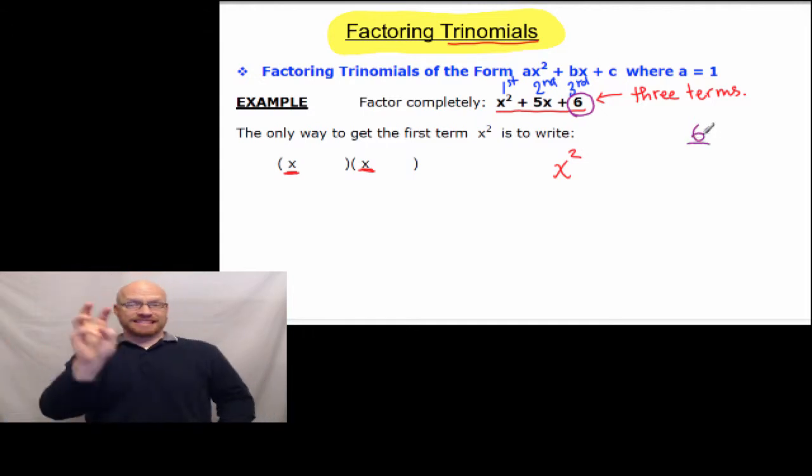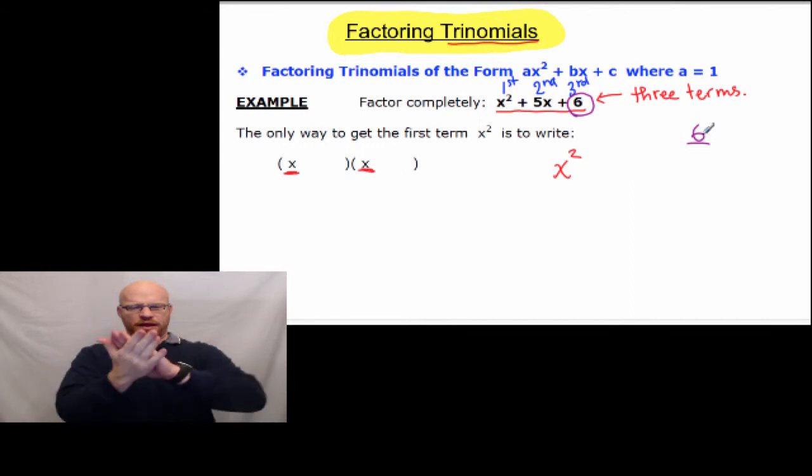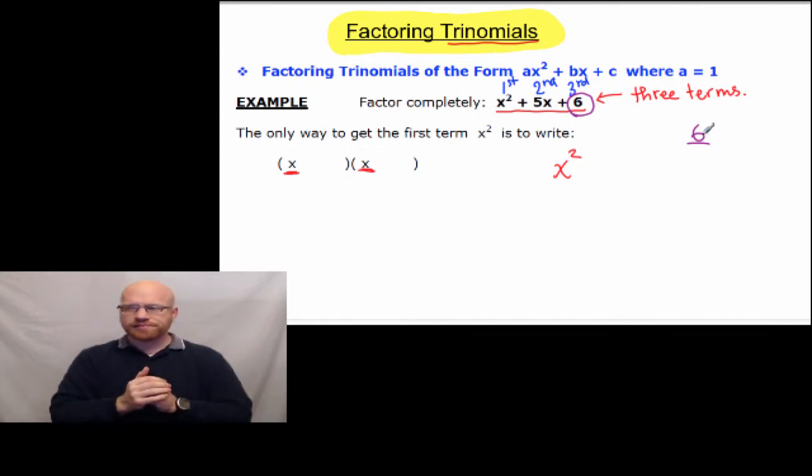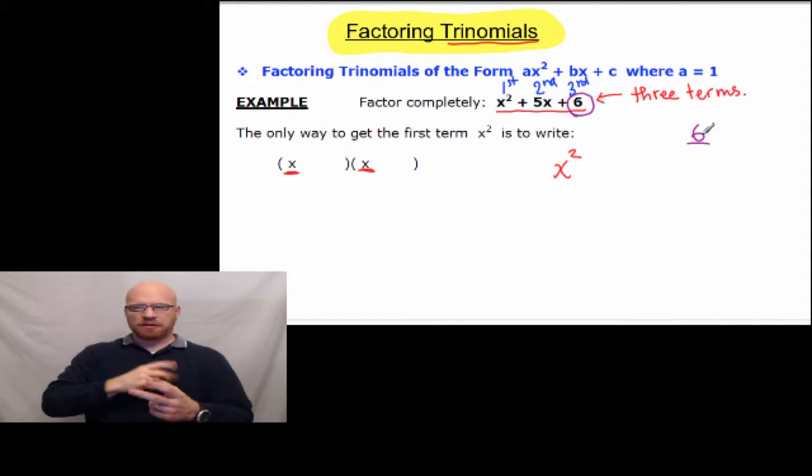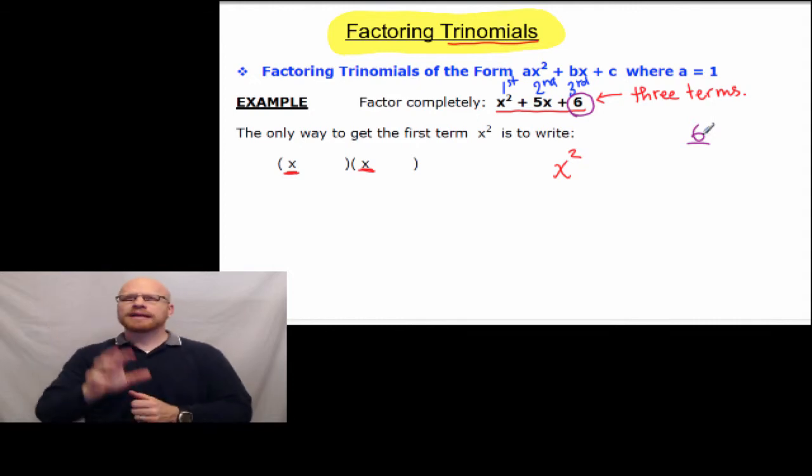As we look at the 6, our third term, how does 6 come to be? We need factors of 6, two numbers that multiply to become 6.